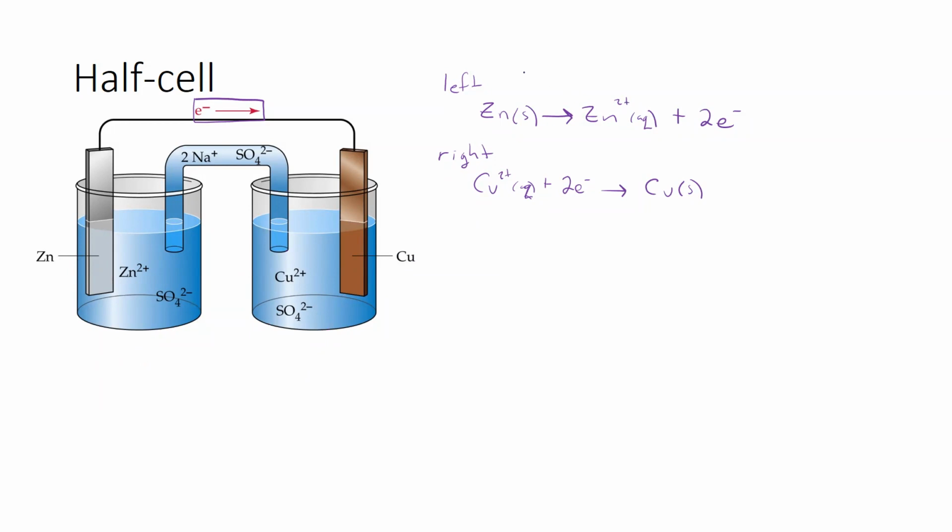On the left side, this is zinc being oxidized, right? So oxidation occurs. Okay, so this half cell on the left side is called the anode half cell, or the anode compartment.